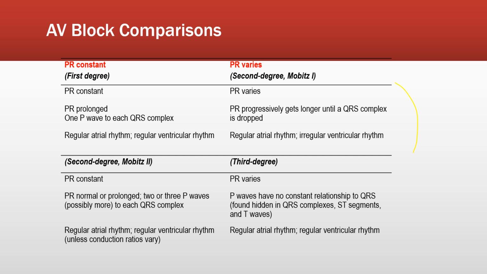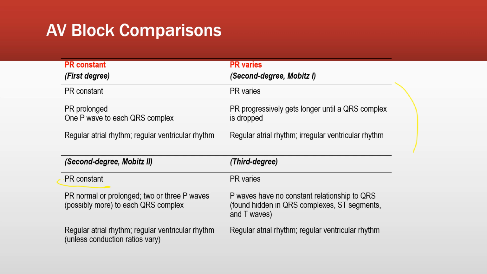The second degree Mobitz 1 is also called a Wenckebach. Then we have second degree Mobitz 2. That's where you have more P waves for every QRS, but your PR interval stays the same. Okay, second degree Mobitz 2. So again, you have more P waves for every QRS, but your PR interval stays the same.